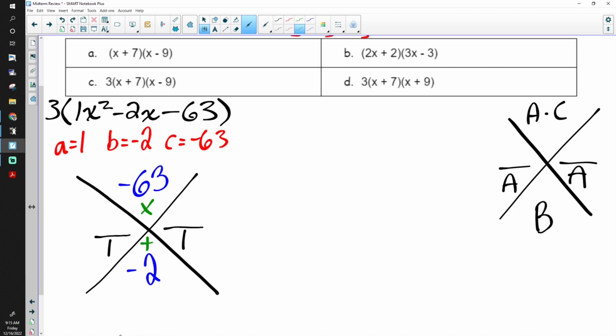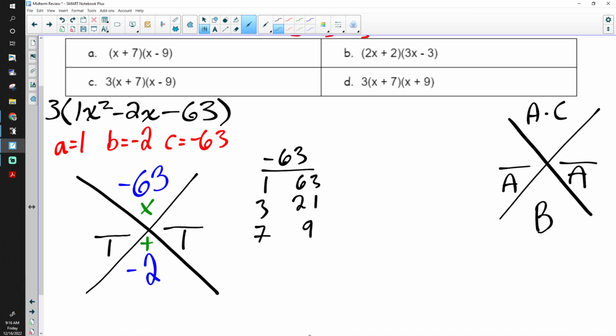It is important to know all of the factors of 63. If you are good at this, you can tell by looking. If you are not great at your factors, we go off to the side, write down -63. We got 1 and 63. We got 3 and 21. What else we got? 7 and 9.